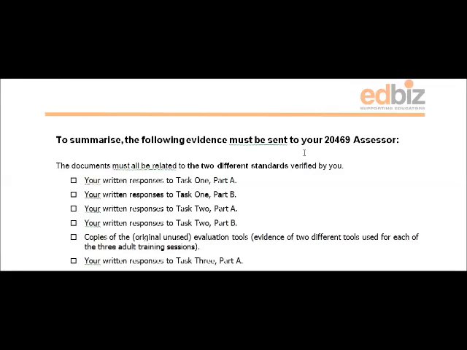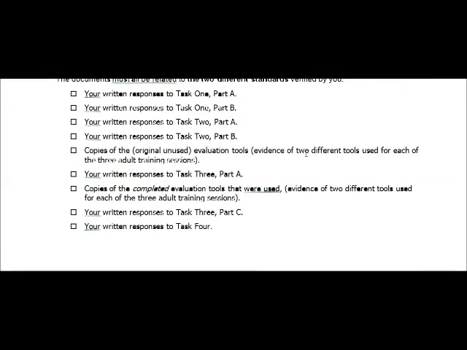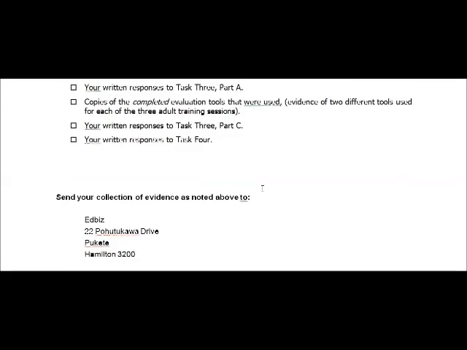Now, just to make sure you're sending the right things back to Edbiz, here's a check sheet on this page, page 9, in terms of what you should be sending in. Just remember, always keep a copy for yourself, because if something happens and what you send in gets lost in the post, then you've always got a backup copy.